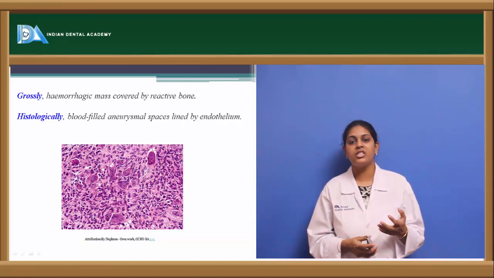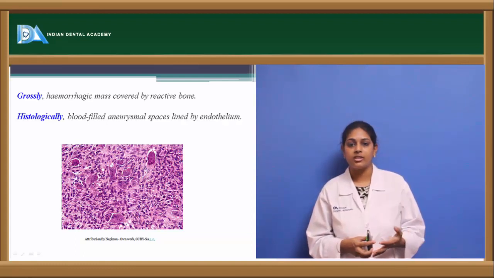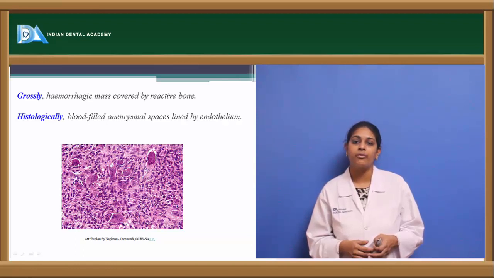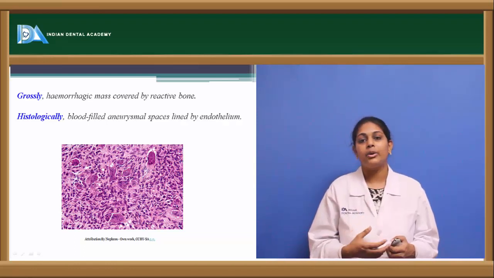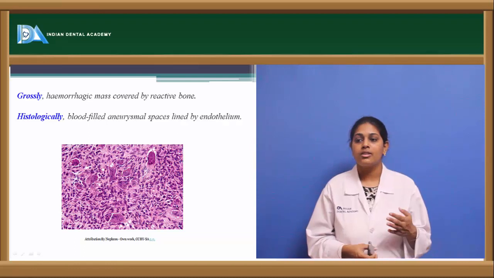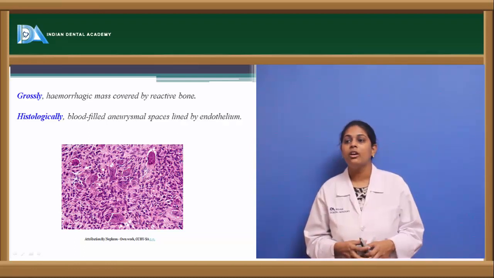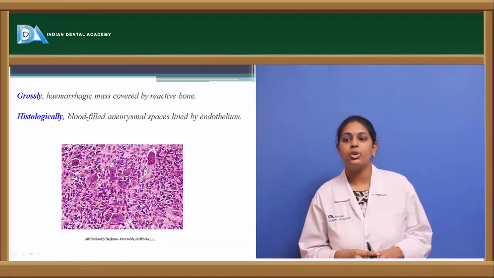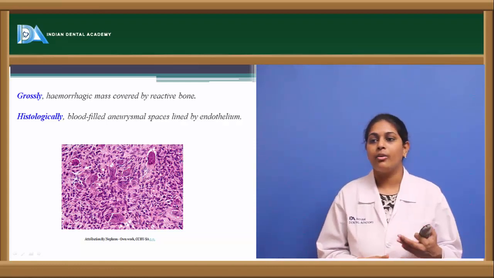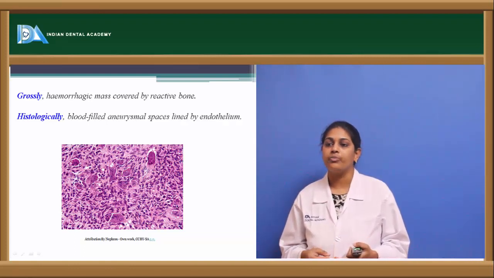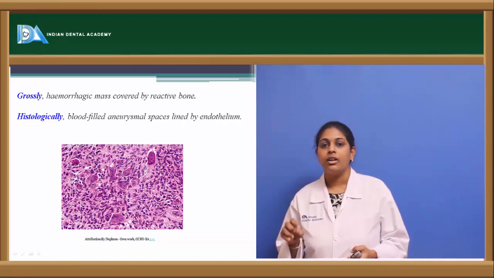Histologically, what we observe is the presence of numerous giant cells. Other than that, we also see certain aneurysmal spaces which are filled with blood and lined by endothelium. So in this histopathological picture of an aneurysmal bone cyst, we can see numerous giant cells showing various morphologies, with numerous nuclei present within these giant cells.